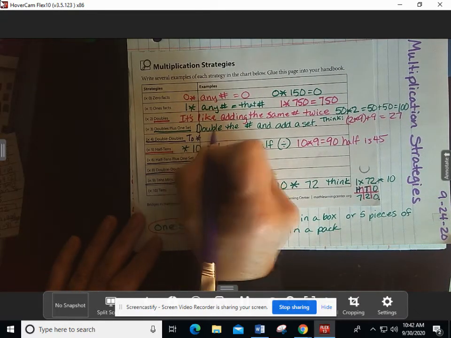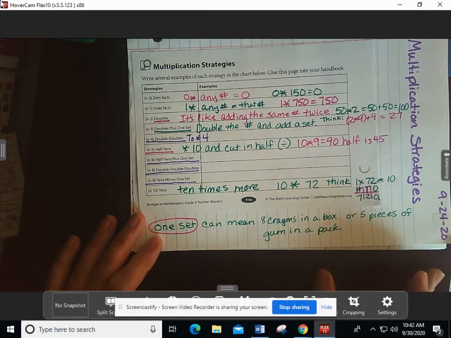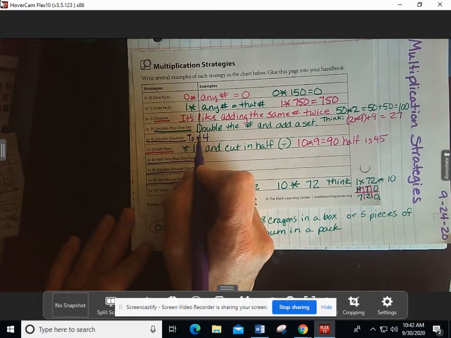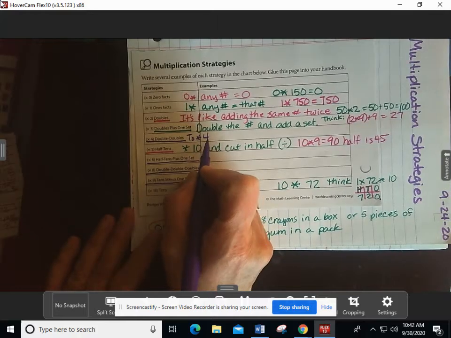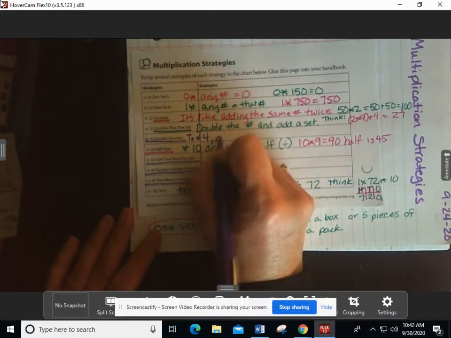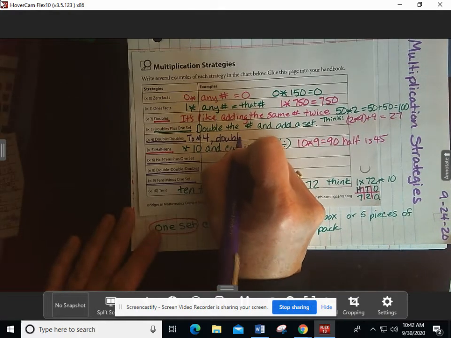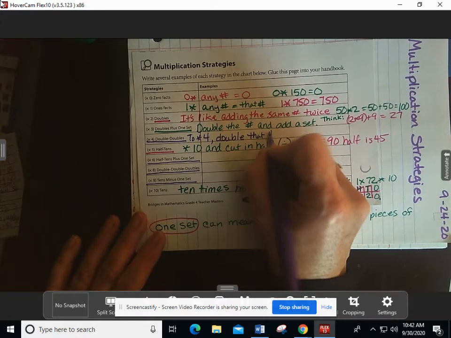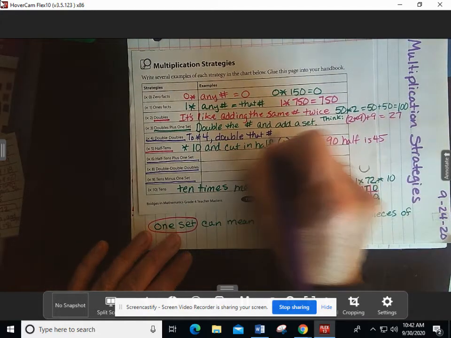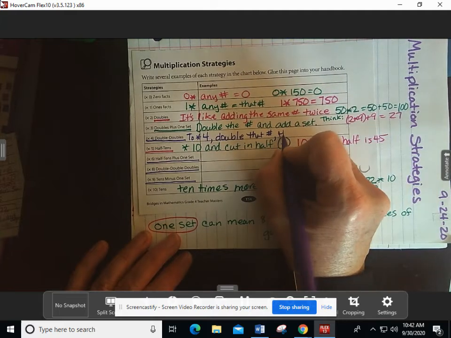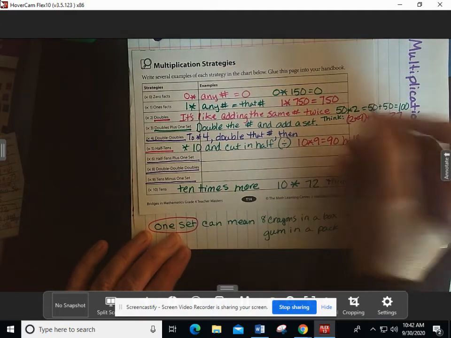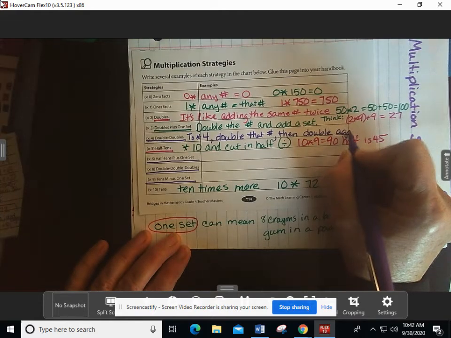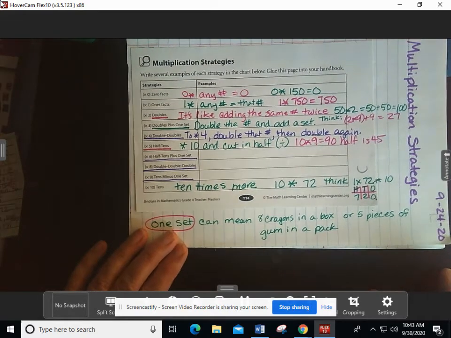So to multiply by 4, I just abbreviated that and I put the 2 and then the multiply sign and then 4. Double that number. Remember we use that hashtag to abbreviate. Then double again.